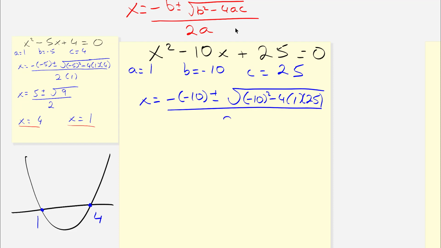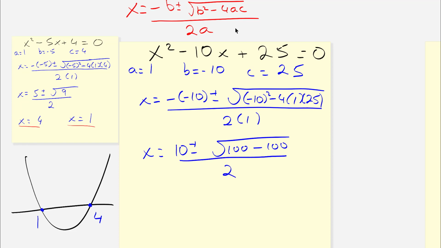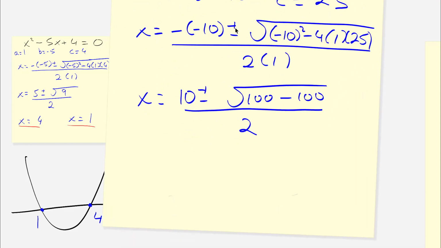all over 2a. So this gives me x is equal to minus minus 10, which is 10, plus or minus the square root of minus 10 squared, so that's 100, minus 4 times 1 times 25, another 100, all over 2. So what's happening here?